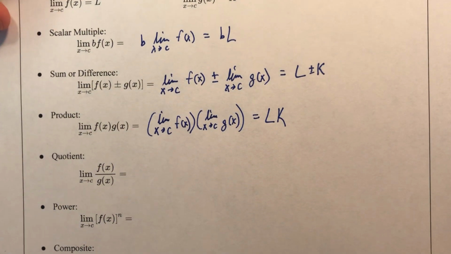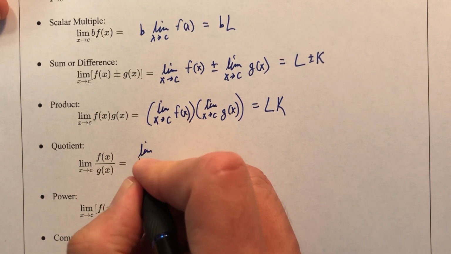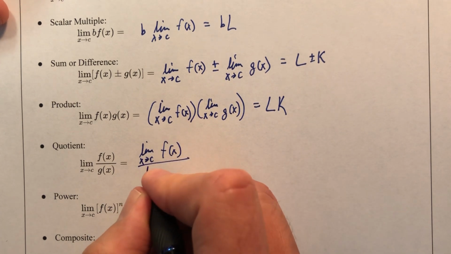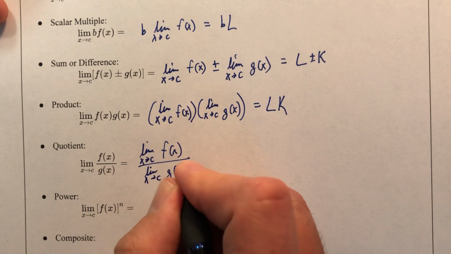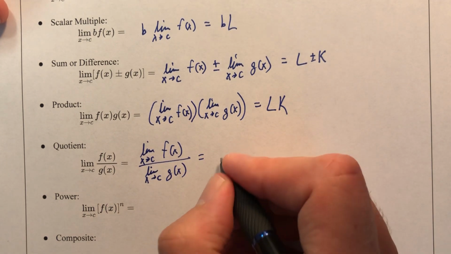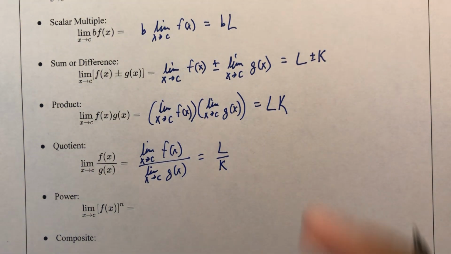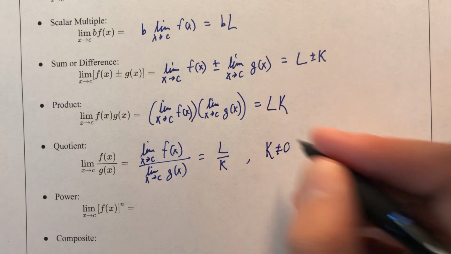Let's keep moving because this can get a little bit slow if we just start talking too much about the things that are common sense. Okay, there's this one, the limit of f of x over g of x, and this is equal to L over K. And one extra little thing on this, you cannot divide by 0. I've tried. This is only true if K is not equal to 0.